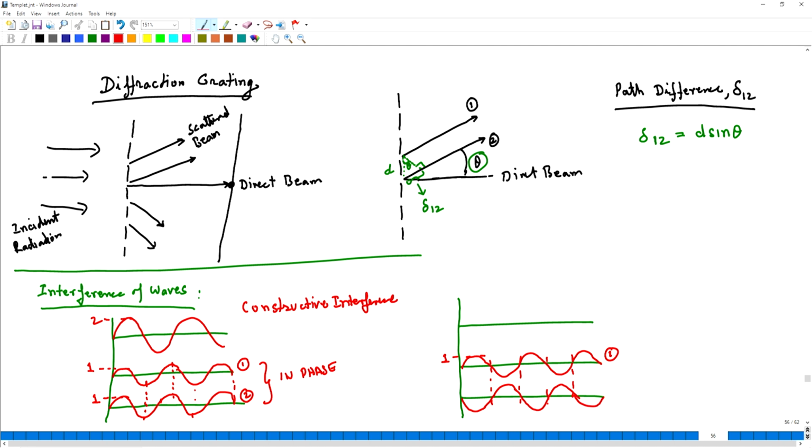In this case you can see that where there is a peak out here, this peak is below the line and so on.